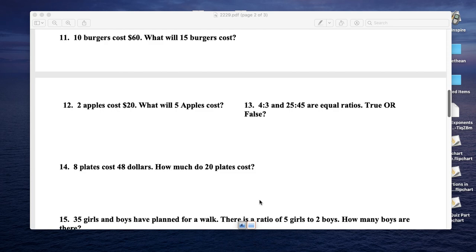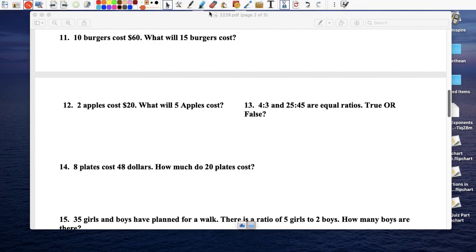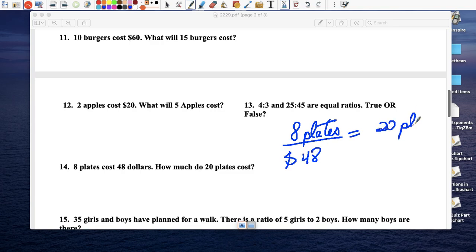Number 14. We got 8 plates. That equals $48. What about 20 plates? How much does it cost? I'll put an X, right?